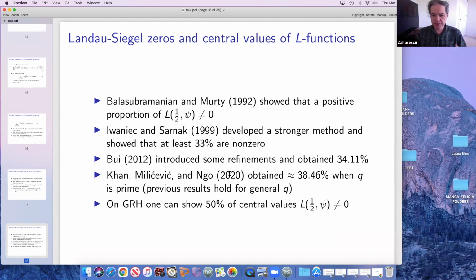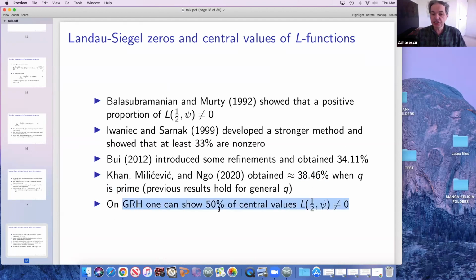Hung Bui in 2012 introduced some refinements and improved the percentage to 34.11. And Khan, Milicevic and Ngo in 2020, last year, improved this to 38.46, I think. But this is only when q is prime. The previous results that I stated here are for general q, and all these are unconditional.